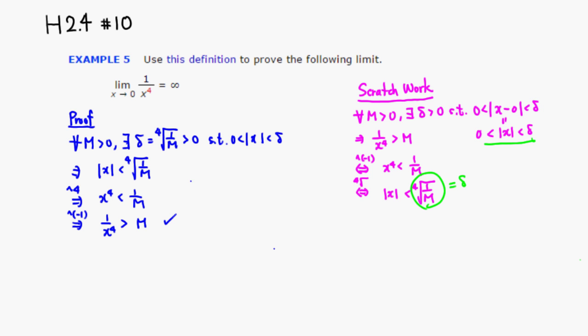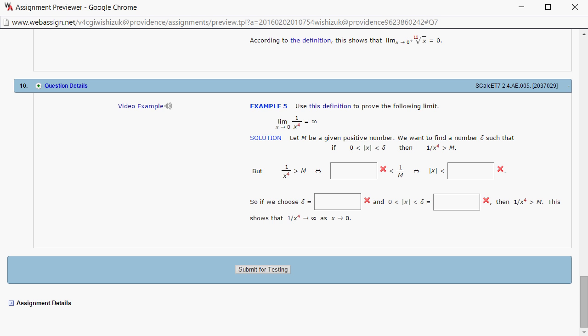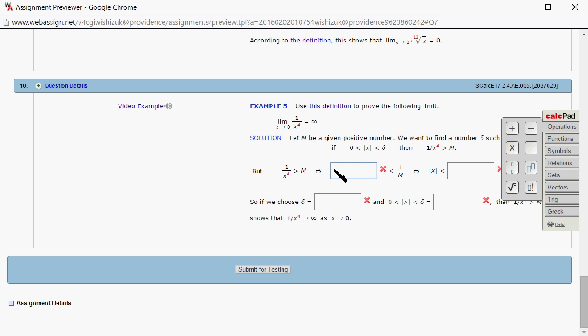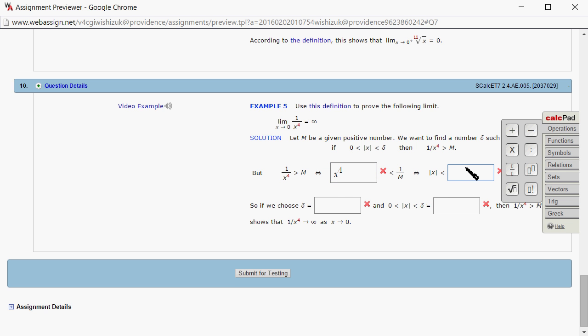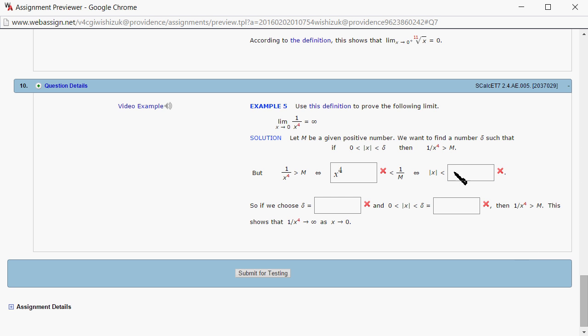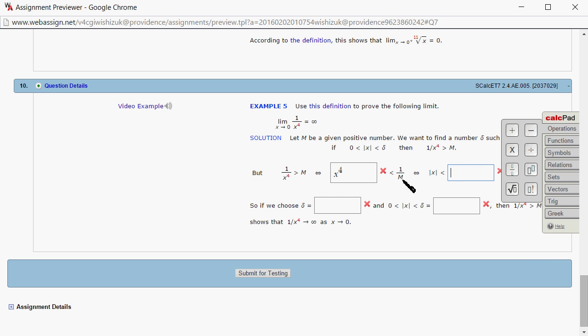Alright, so let's type it in. Here we have 1 over x to the fourth is greater than M, which is, take the reciprocal. So we have x to the fourth is less than 1 over M. Then take the fourth root. Let's see, where's the fourth root function? Here.